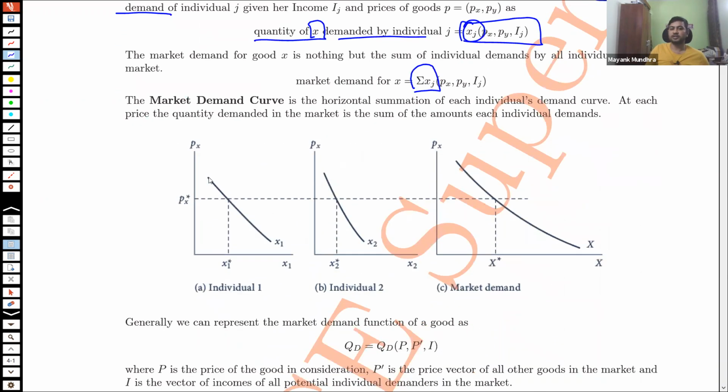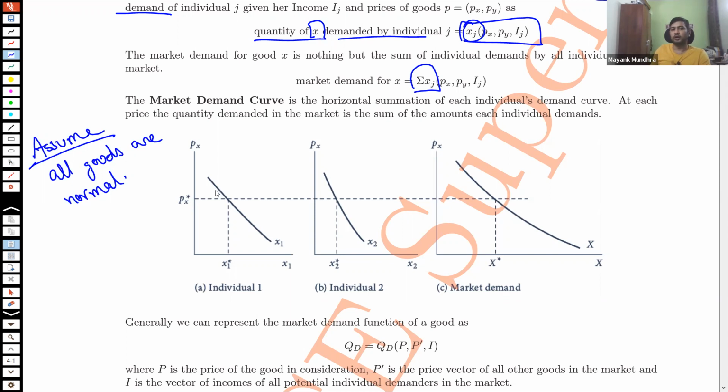So suppose this was the demand curve for any individual. It's going to be a downward sloping curve for normal goods. So we are going to assume that all goods are normal. There are no Giffen or inferior goods, unless otherwise stated.